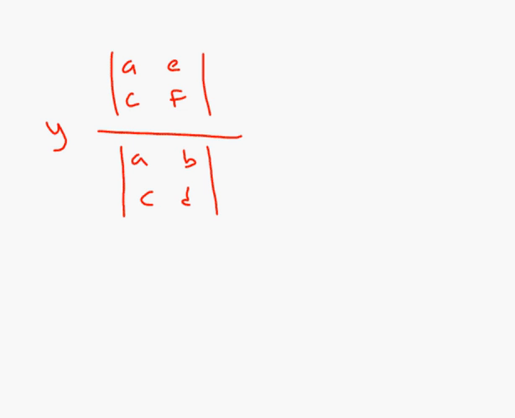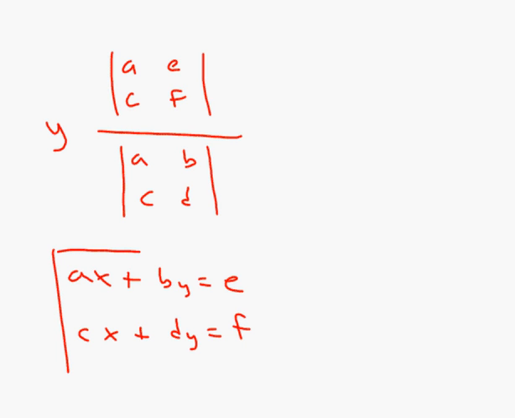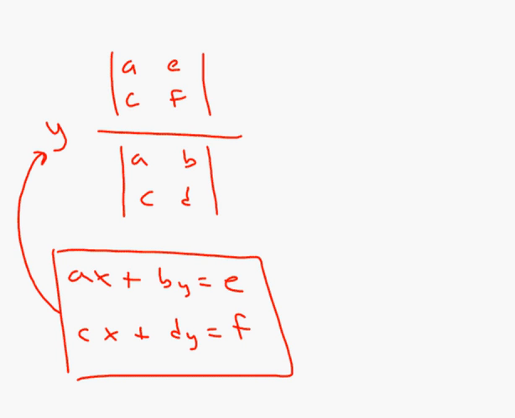So let's make a note here. Ready? It's A, C, E, F over A, B. Oh, my bad, sorry. A, B, C, D. And this was equal to y. And that's true when our original system is this. So if this is our original system of equations, this is the y value that we yield.